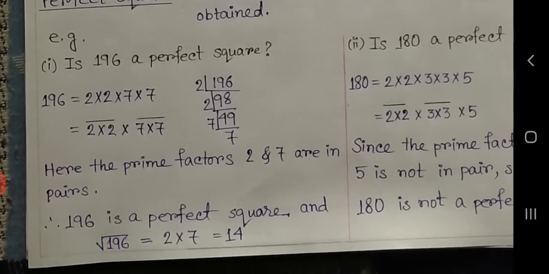Here the factors of 196 are 2 into 2 into 7 into 7. You can see here the prime factors 2 and 7 are in pairs.